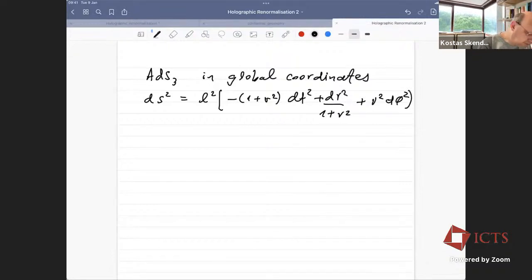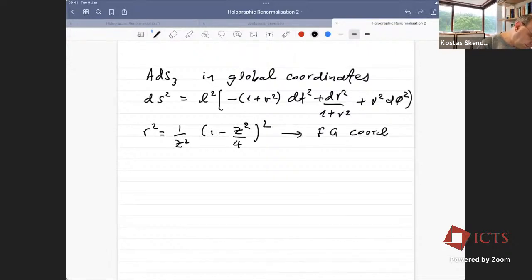So now if you do a change of coordinates from R to Z, then we go to Fefferman-Graham coordinates. And then one finds that indeed the metric g_ij is of the expected form, the cylinder metric.